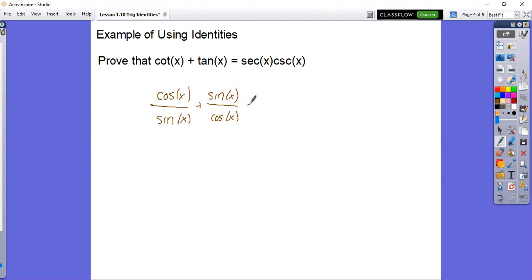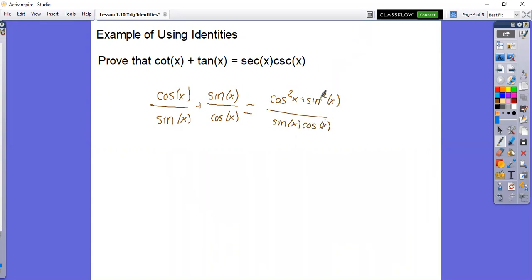So I notice I've got two fractions. In order to add the fractions, I need to have a common denominator. So this is cosine squared of x plus sine squared of x over sine of x cosine of x.